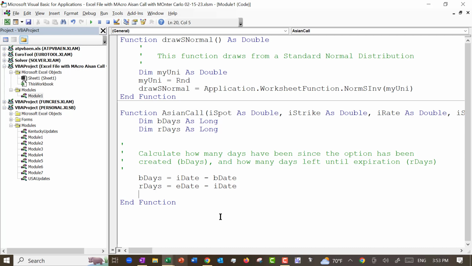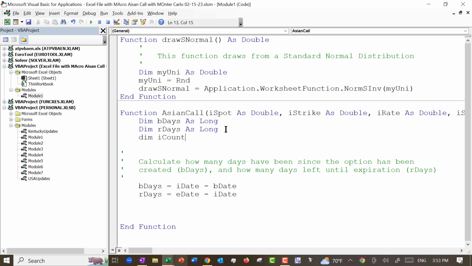So what we're gonna do, we're going to create a path. So let's do this. Then I count as long onto our days. Okay. We're gonna do something for the remaining number of days.